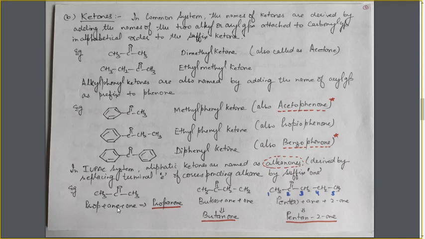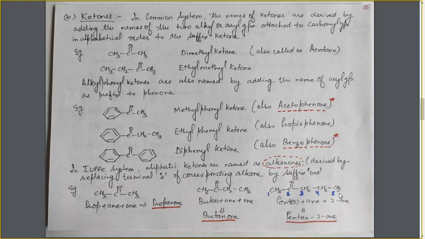At both these positions there are vowels, so this vowel will be neglected. In this case there are 4 carbon atoms in the carbon chain, so the root word is but. For the saturated carbon chain, ane, and for the keto group the suffix will be one, so the name becomes butanone.